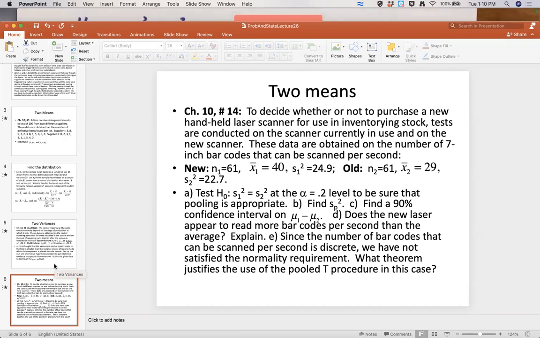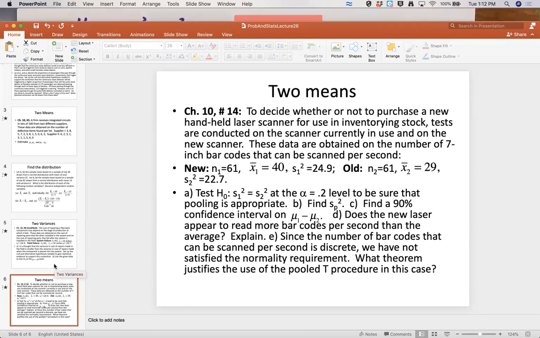We're ultimately interested in comparing two means here. To decide whether or not to purchase a new handheld laser scanner, tests are conducted on the scanner currently in use and the new scanner, and these data are obtained on the number of 7-inch barcodes that can be scanned per second, evidently on some assembly line. So it's going fast enough to scan this many per second.